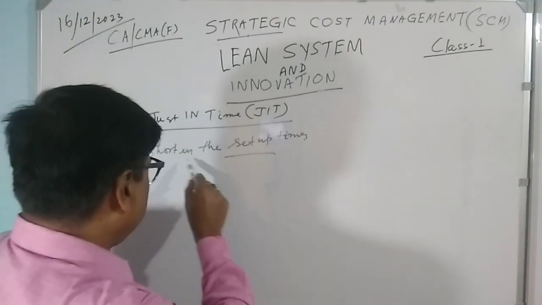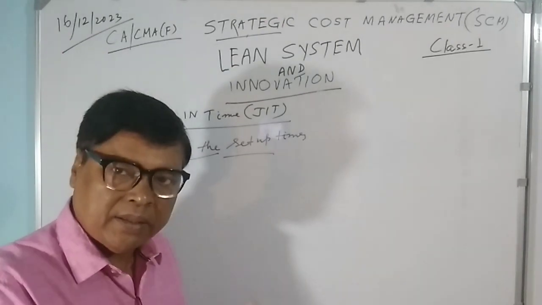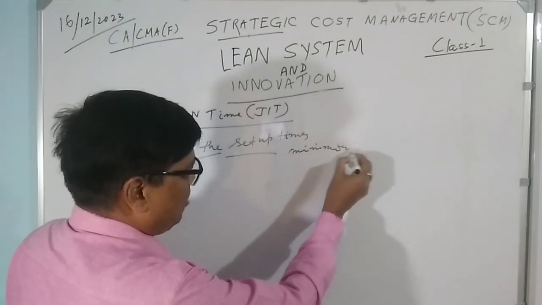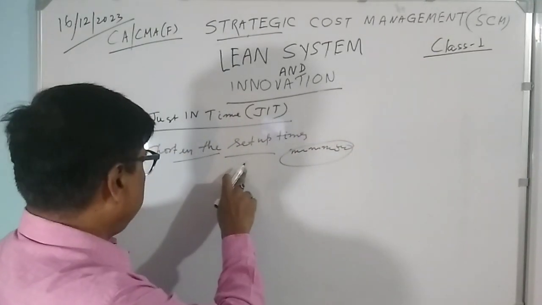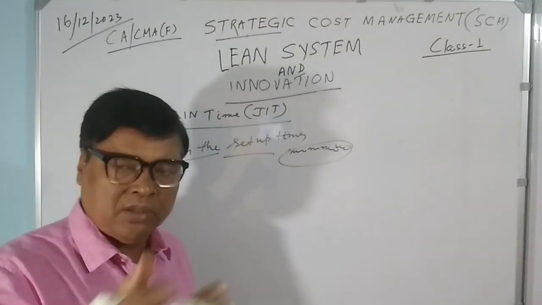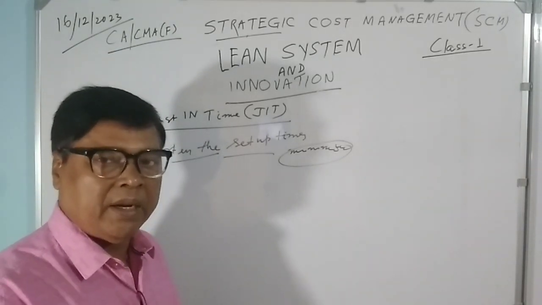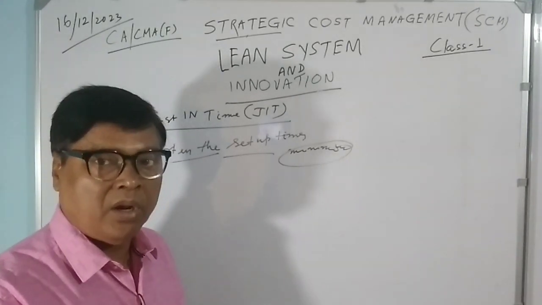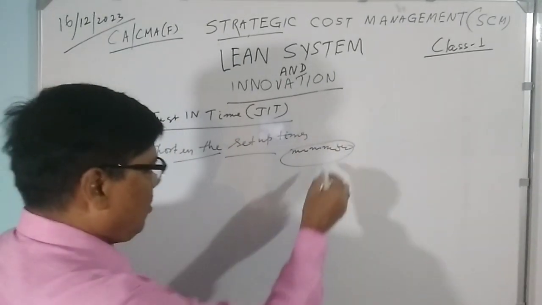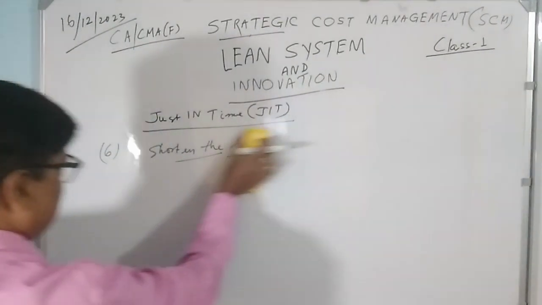So you have to pre-plan in such a way that after the material comes and production starts, your time should be minimum. Nobody should wait. The situation should not be that after the material or parts come, you check whether your machines are ready or not, or you are repairing or making innovations. No, before the material comes, you have to make your system ready, so that you need not wait. So this is the sixth point.